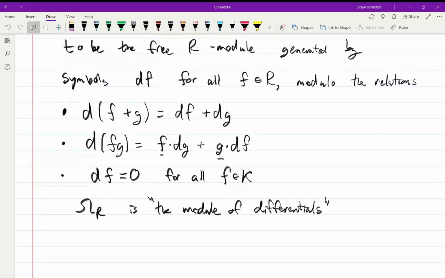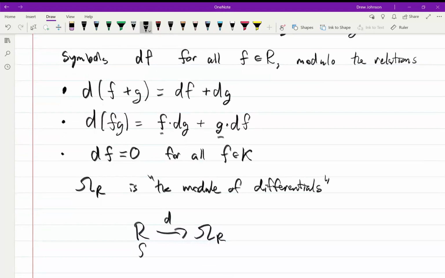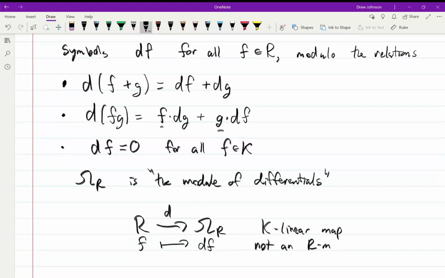Okay, and there's a morphism from R to omega R. That's just d, that just sends f to df. Okay, this is a k-linear map, but it's not an R module homomorphism.